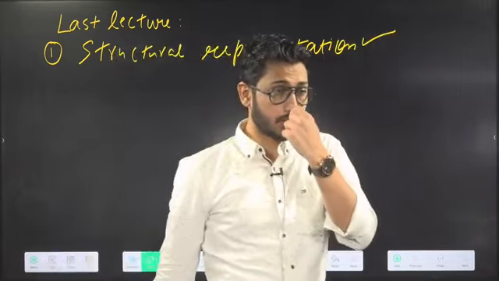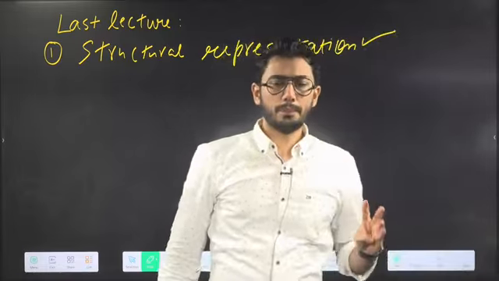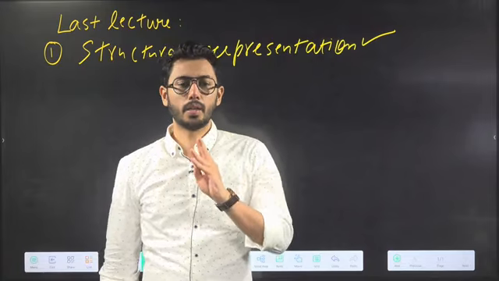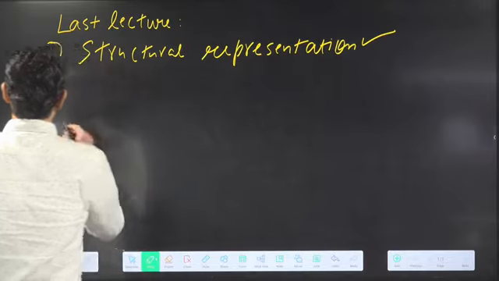This we discussed last lecture. Which notation? Condensed form, expanded form, and the bond line notation. These were completed.